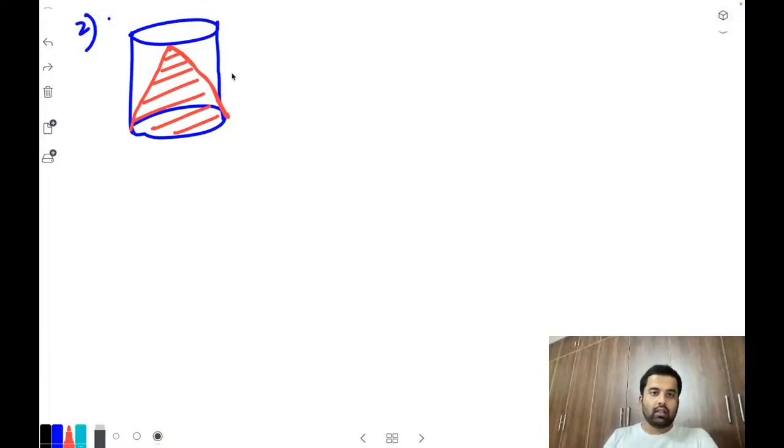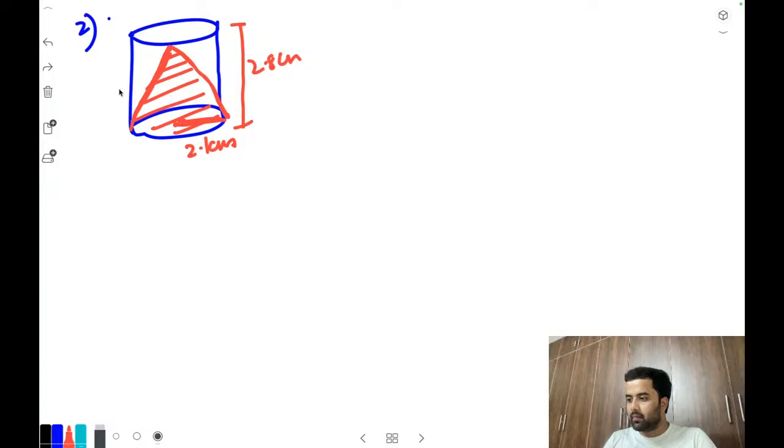The height of cylinder is 2.8 centimeter. Radius is 2.1 centimeter. And this slant height, L, is given as 3.5 centimeter. Now, the question is asking to find the total area remaining.